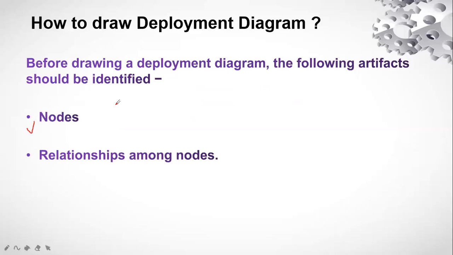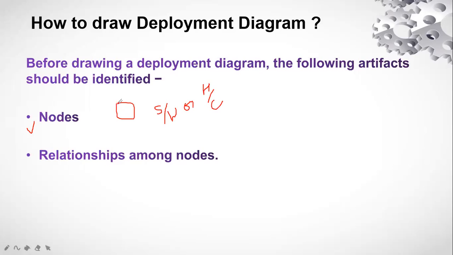The only thing is you identify the nodes, as we did with packages, and here you define them as nodes. What are nodes? Nodes are either software or hardware elements or components. So that particular element can be defined as a node, a hardware or a software component.